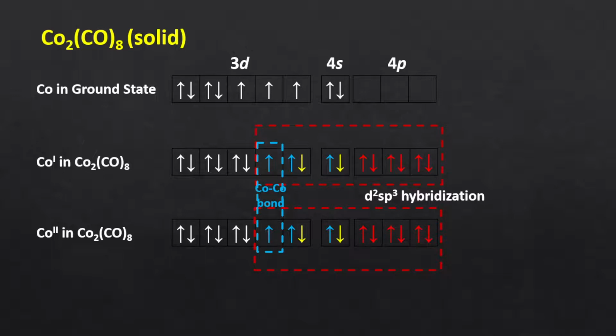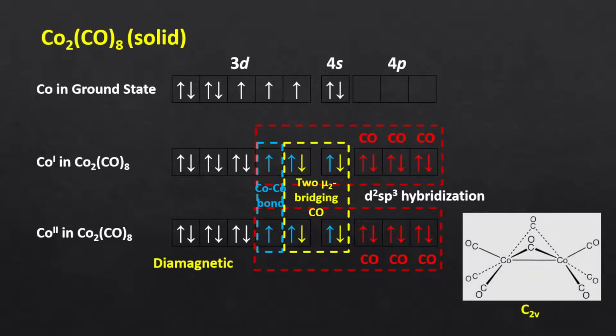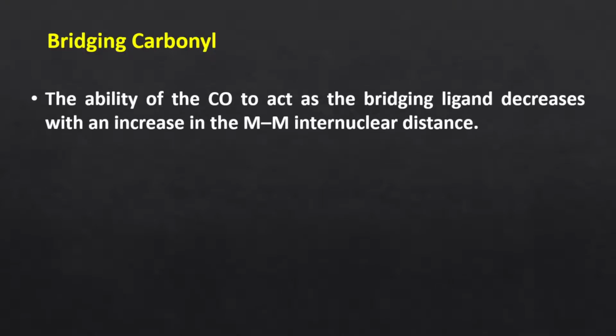The other 2 d2sp3 hybrid orbitals with an odd electron overlap with singly occupied sp hybrid orbitals to form 2 mu2 bridging carbonyls. Each cobalt atom accepts 3 pairs of electrons from 3 carbonyl ligands in its 3 vacant d2sp3 hybrid orbitals. Moreover, there is no unpaired electron, so this complex is diamagnetic, and the point group of this complex is C2v. The ability of carbonyl to act as the bridging ligand decreases with an increase in the metal-metal internuclear distance.